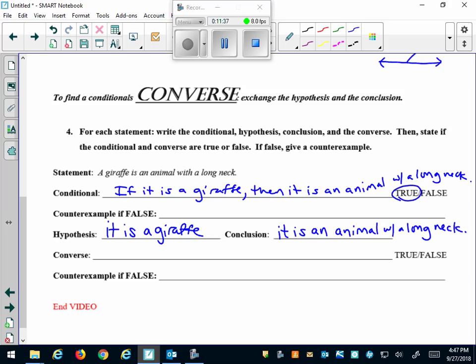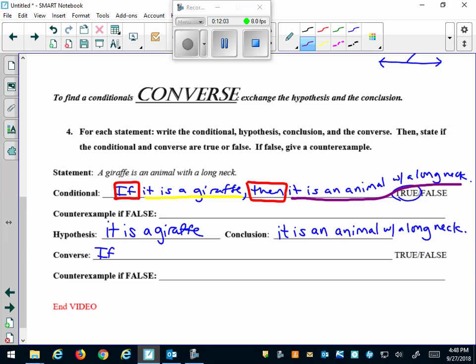The converse is if, okay, now we're going to switch the hypothesis and the conclusion. So here we have the word if, here we have the word then, here we have the hypothesis, here we have the conclusion.